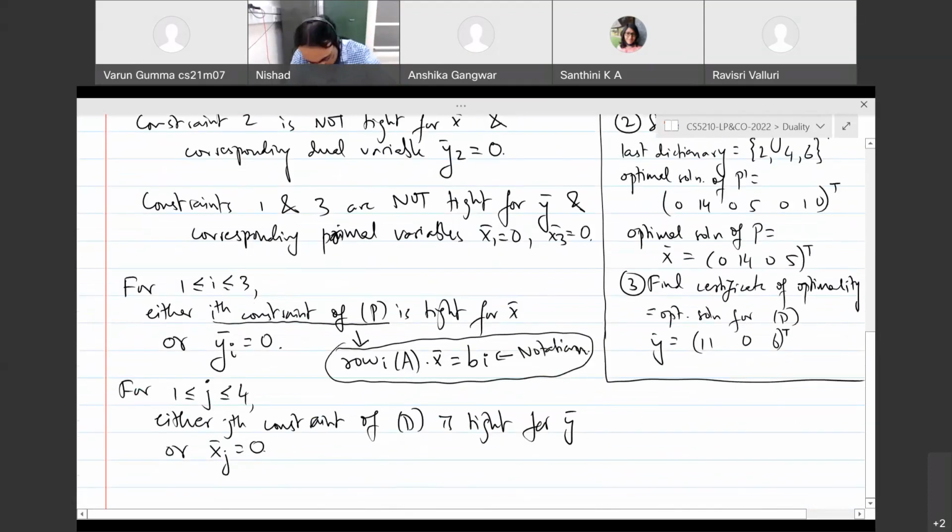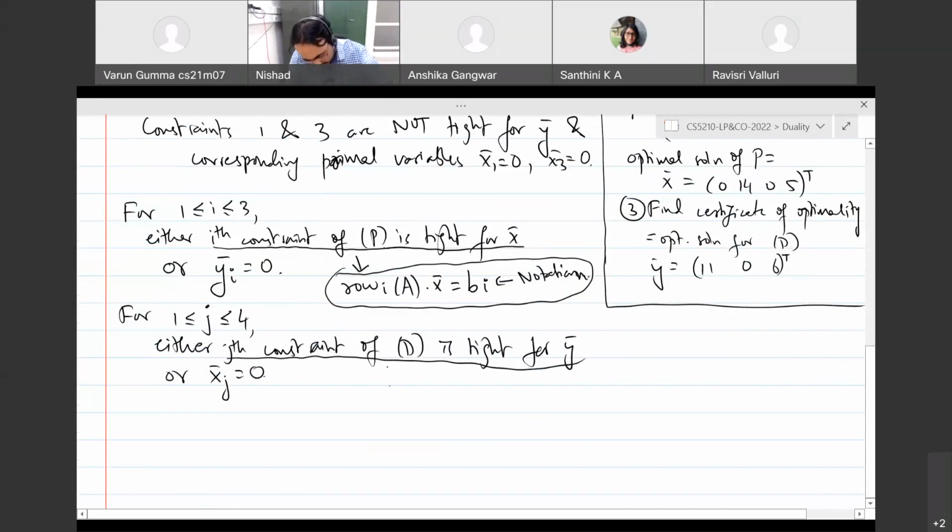So the constraint being tight is the same as writing down this equation. Similarly, we multiply row j of A transpose with y bar and get c j on the right hand side. It's an equality.